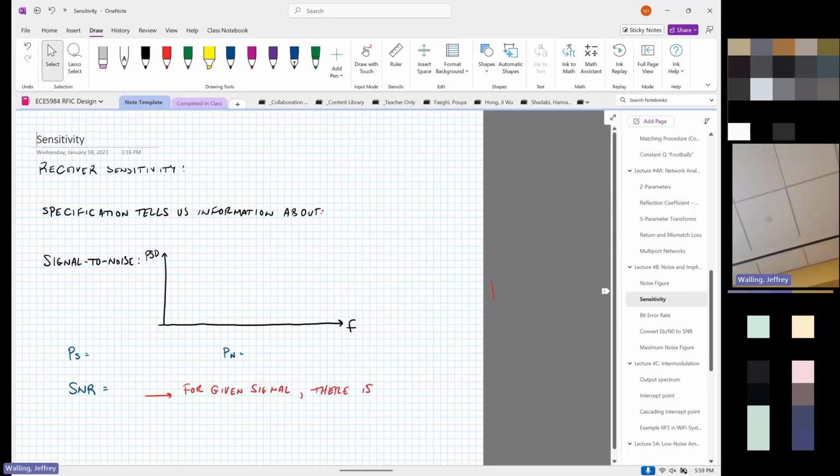All right. So the primary spec that we're going to see in a receiver, there are a couple that we're going to care about, but maybe the first one that you'll ever see specified is the sensitivity.